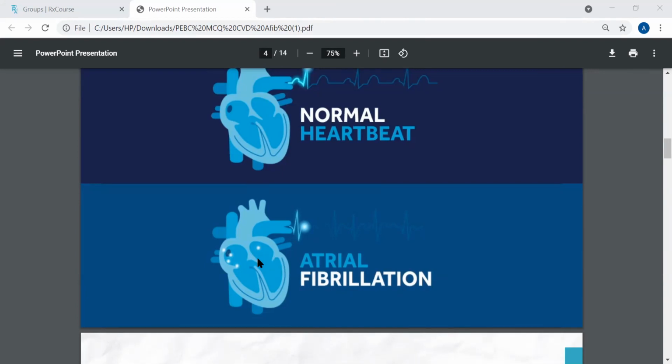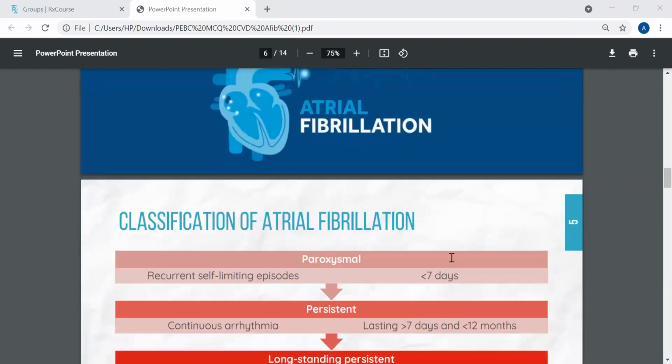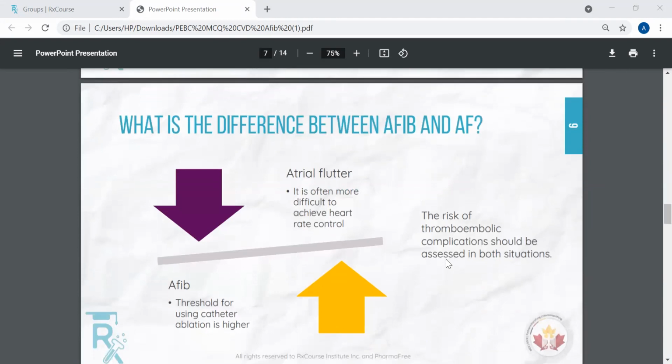Then it will be transferred to the ventricle. Then the ventricle will pump the blood with the clot, and it might reach the brain and cause a stroke. So it's due to the stagnant blood in the atrium. It has a bigger chance of developing a blood clot that will be transferred from atrium to ventricle, then pumped around until reaching the brain and causing a stroke. Okay, thank you.